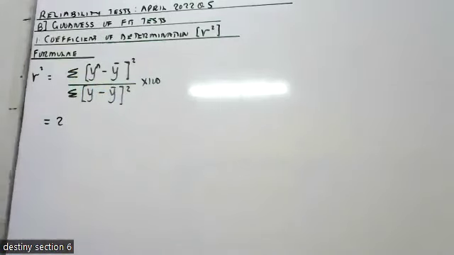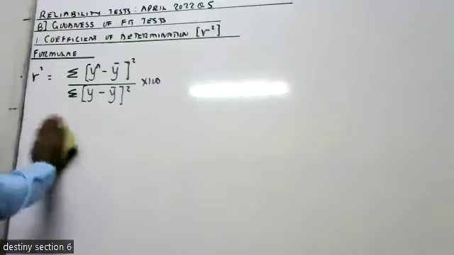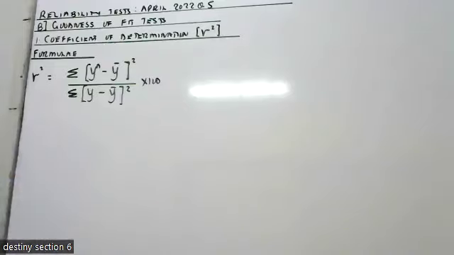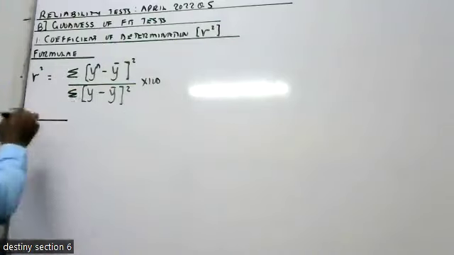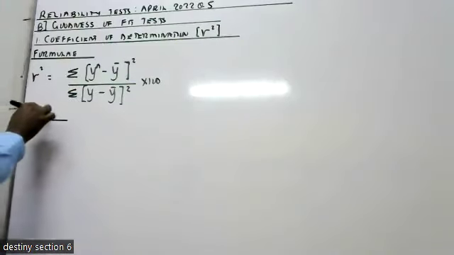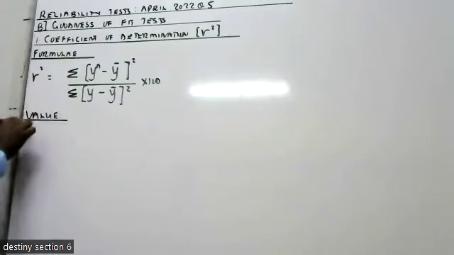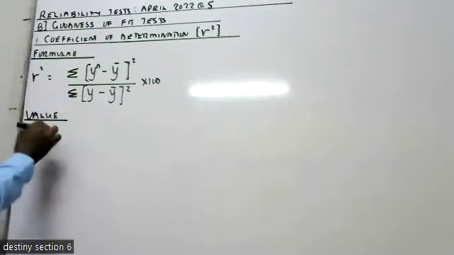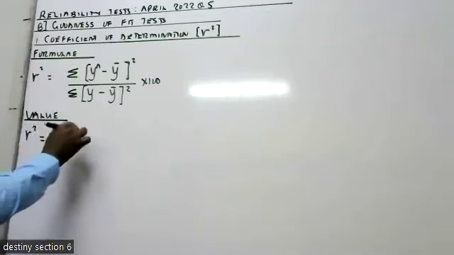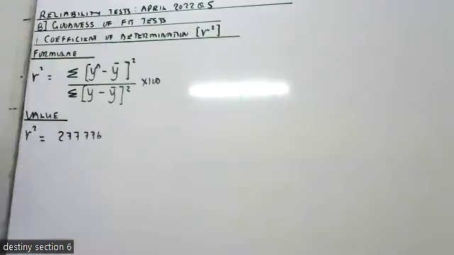Well, that is the formula. We can call it the value here, but you can as well substitute straight. So the value is 277,776.